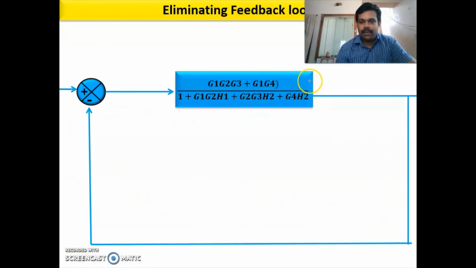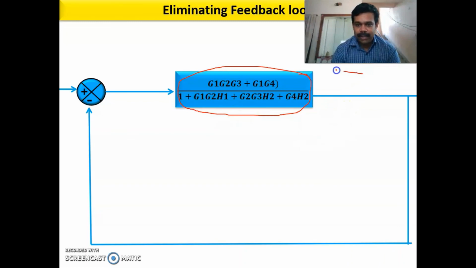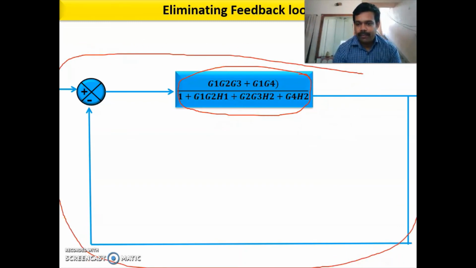So this is the thing what you are getting after simplification. Now again, this is nothing but a feedback loop. Here the value of H is nothing but 1. H is equal to 1, so unity feedback.